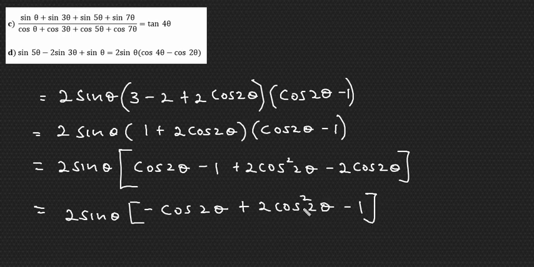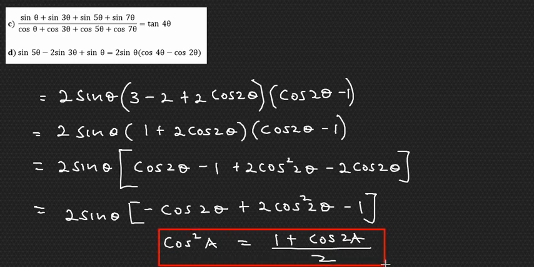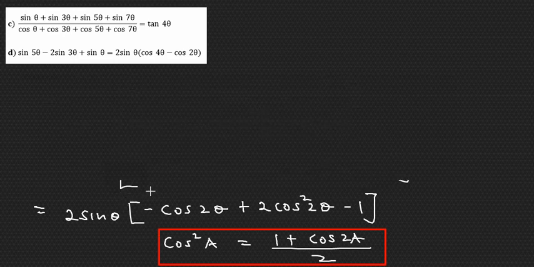Alright, so now you should note that cos squared theta, let me use another angle. Cos squared of any angle is the same as 1 plus cos twice that angle divided by 2. You need to note this. So from that, let us see.